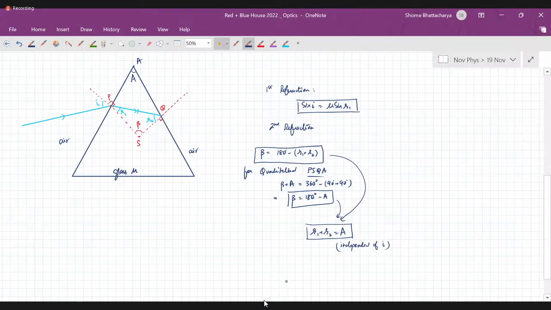Just note down to this point. So solving anything related to deviation by prism, any numerical, you have to remember this simple idea that the sum of these two internal angles R1 and R2 is always equal to the angle between the two surfaces.